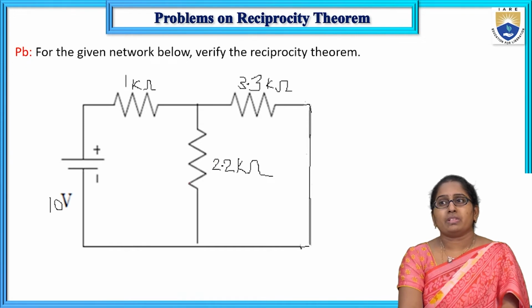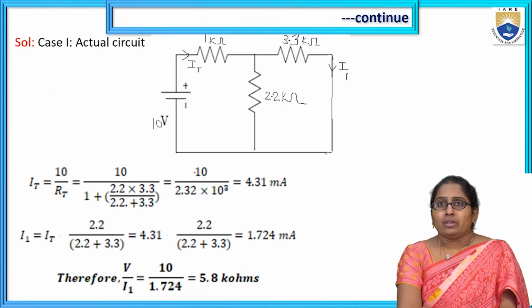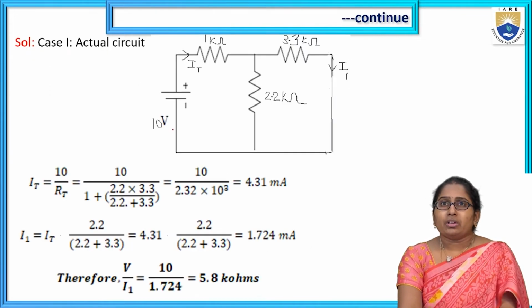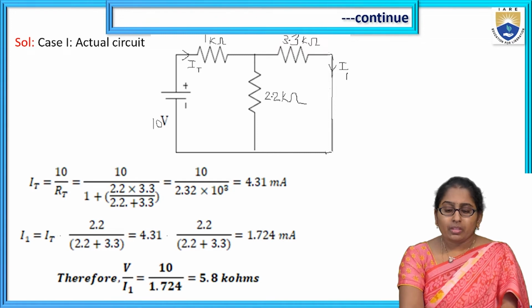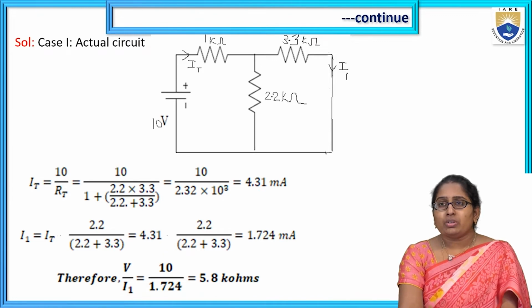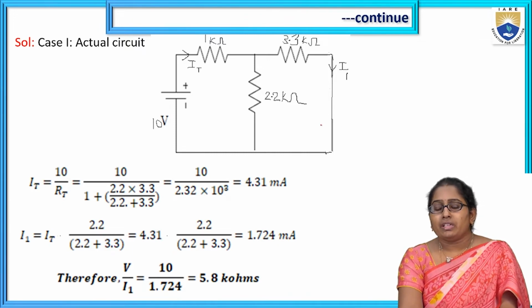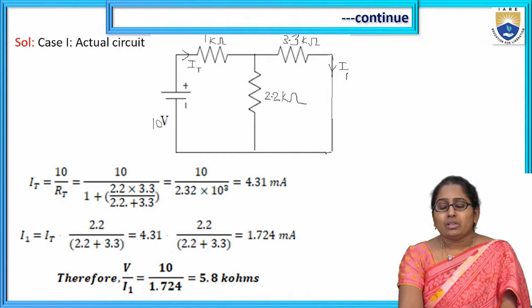For the actual circuit, we go for the first case, case 1. Consider the given circuit as it is, and the response is collected on this side, represented by I1.